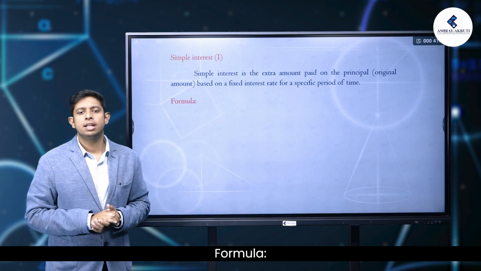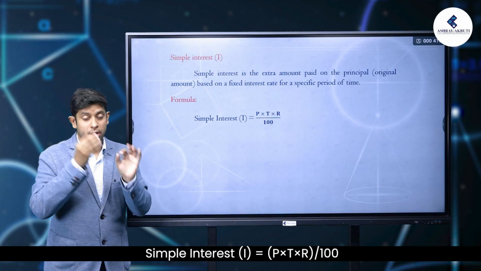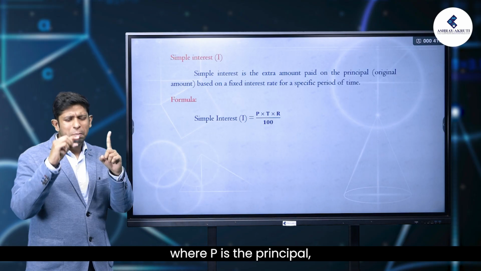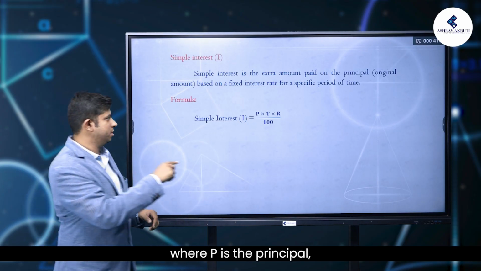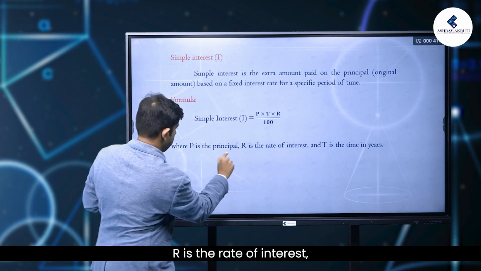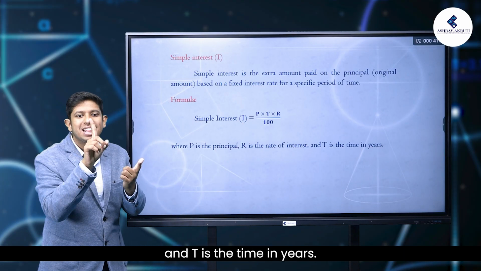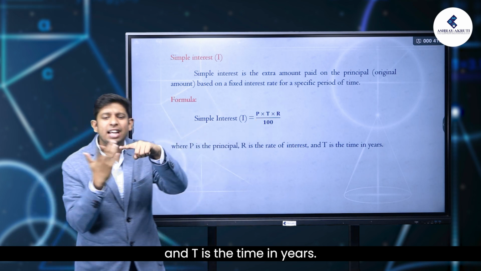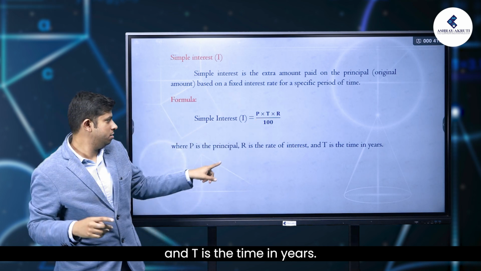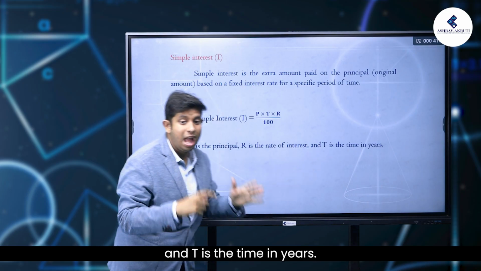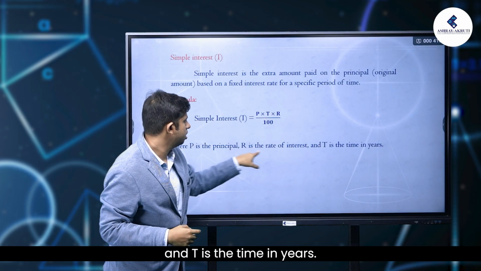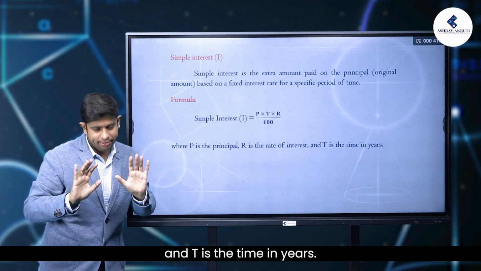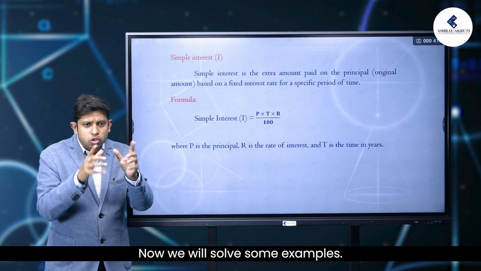Formula: Simple interest equals P into T into R by 100, where P is the principal, R is the rate of interest, and T is the time in years. Now we will solve some examples.